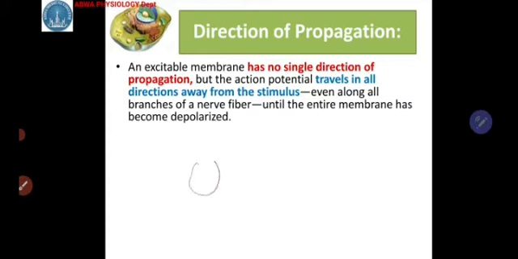If this is a cell and this is a stimulus, it will move away from the stimulus in this direction or in this direction, whichever direction is available, even along the branches of the nerve fibers, until the entire membrane has become depolarized.